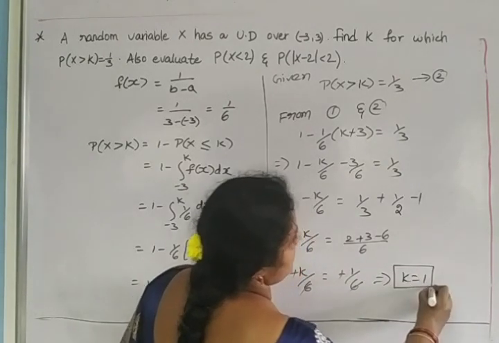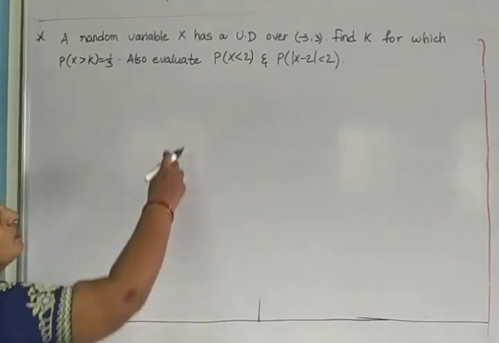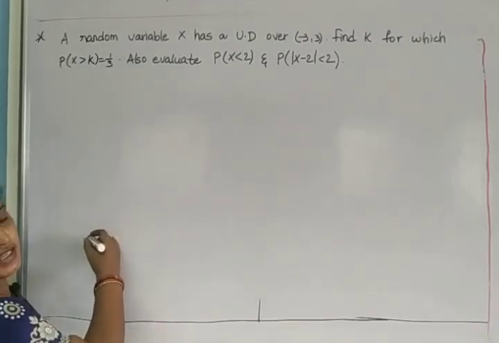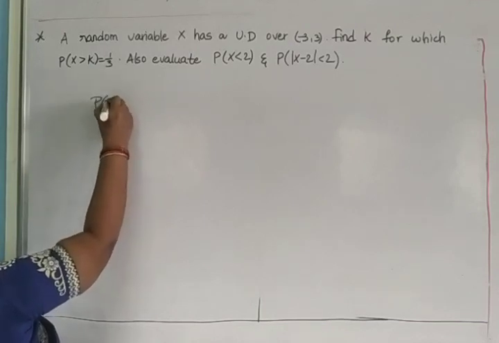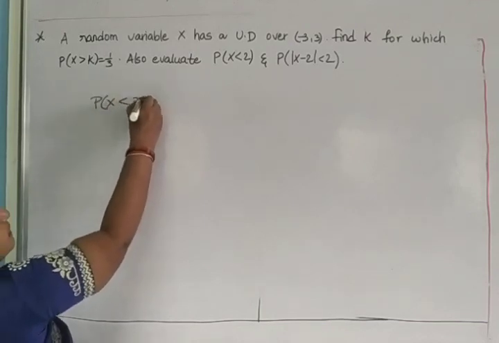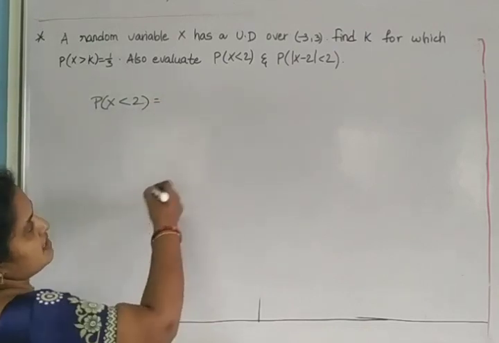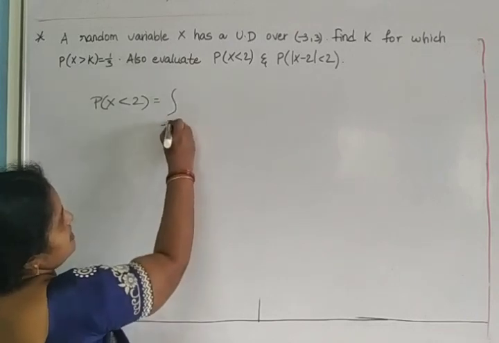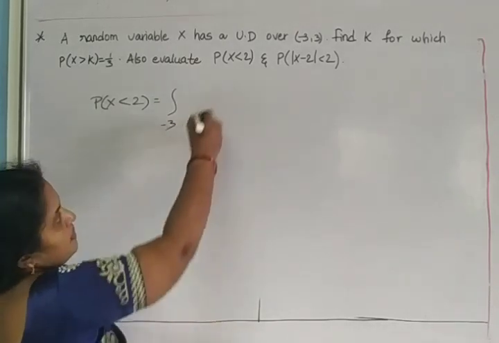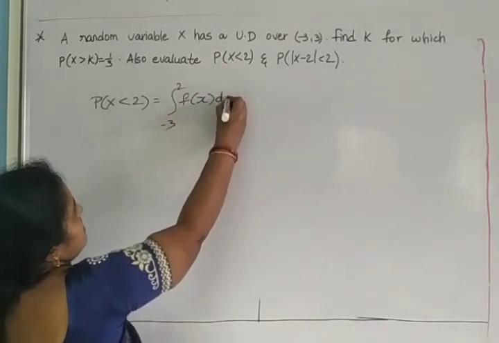Now we will find out P of x less than 2. So P of x less than 2 equal to, here the interval starts from minus 3 onwards. So integration minus 3 to 2 f of x dx.